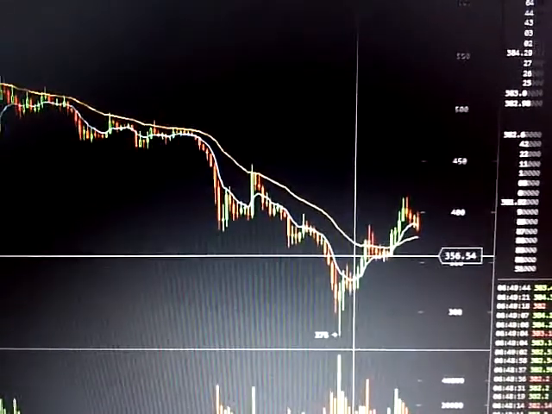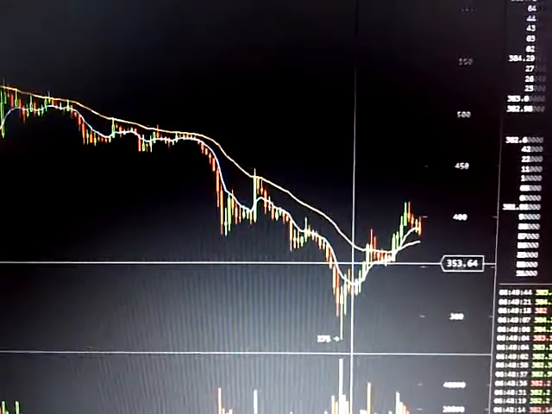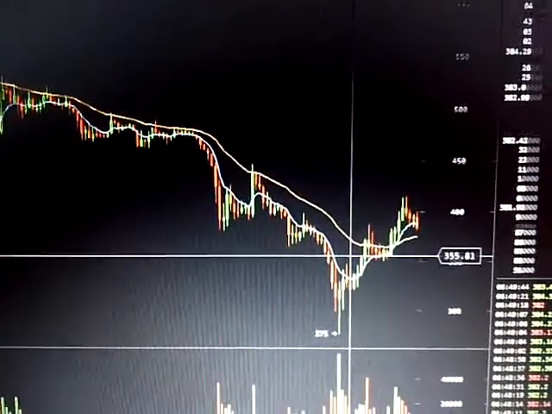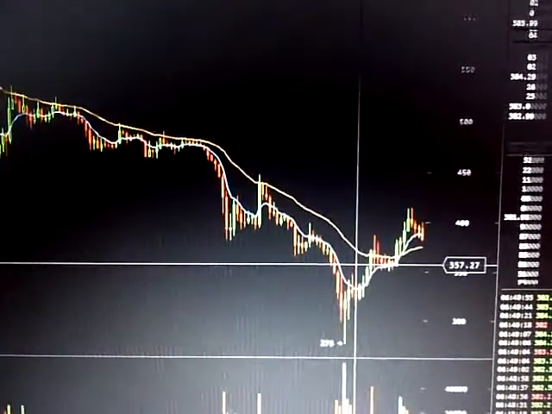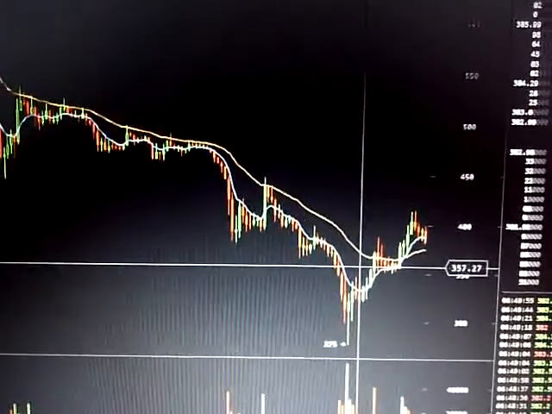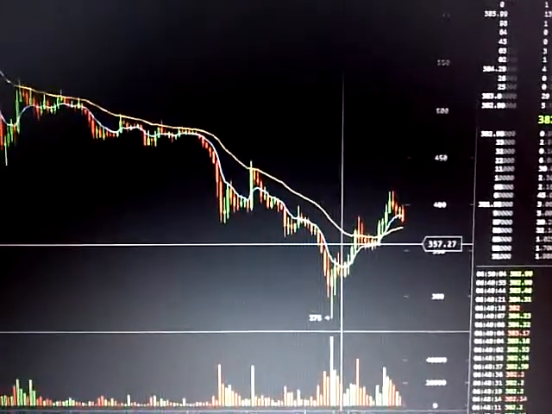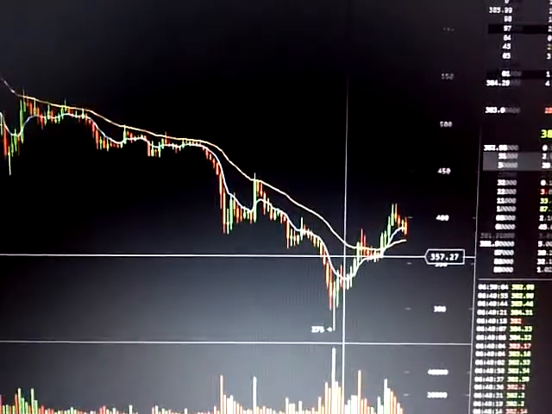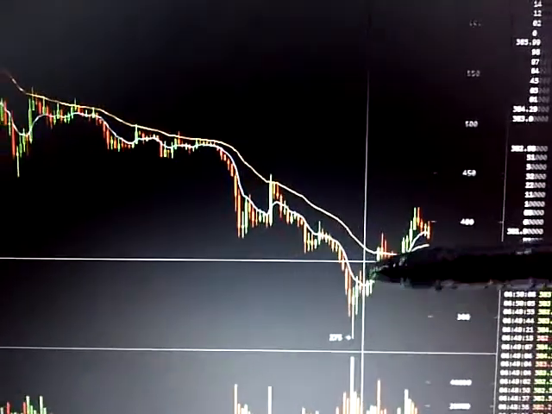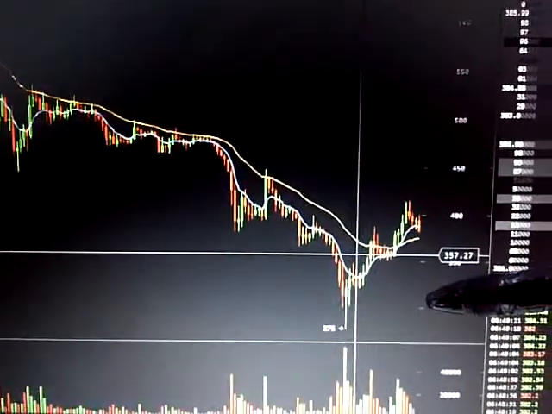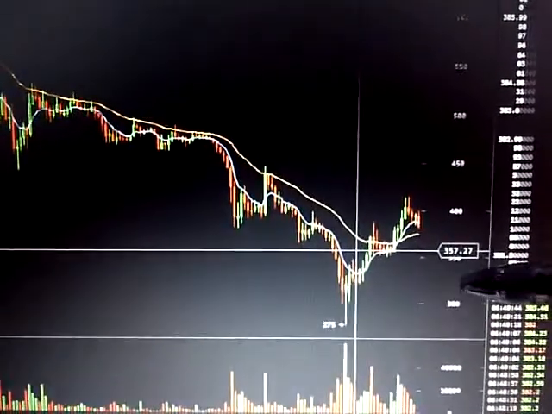The other option is right here at around maybe 355, somewhere around there. And then after that, I wouldn't buy any more. Limit your risk on that, because if it falls below that, then it's most likely going to trend back downwards, and it'll retest this 300.